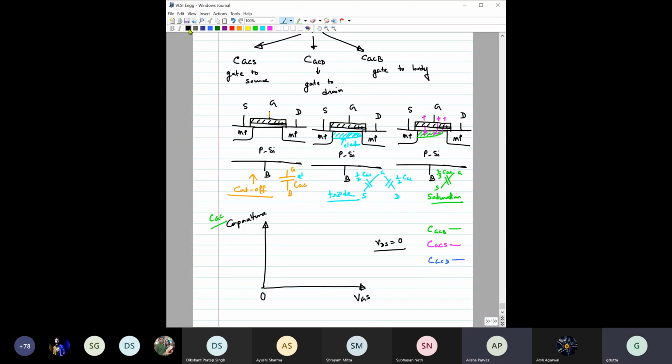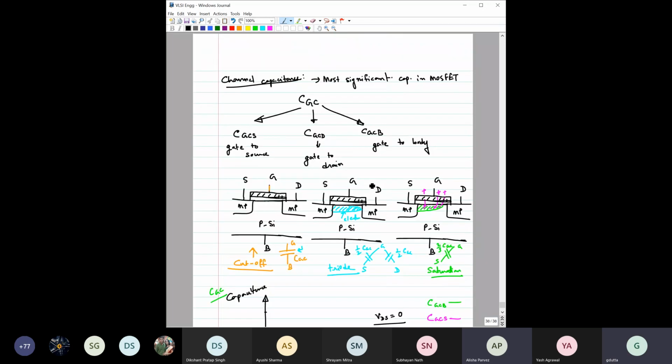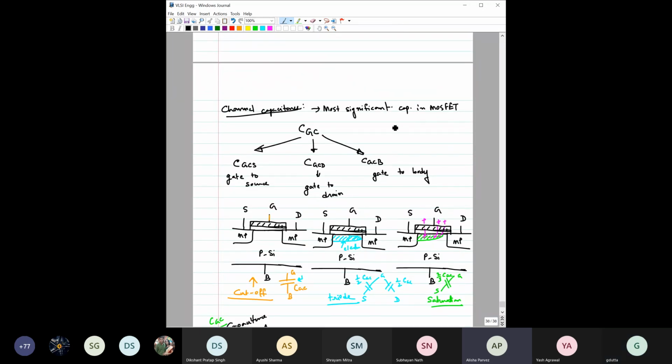Please tell me what would be the value of CGCB? CGC. Okay, what will be the value of CGC maximum?